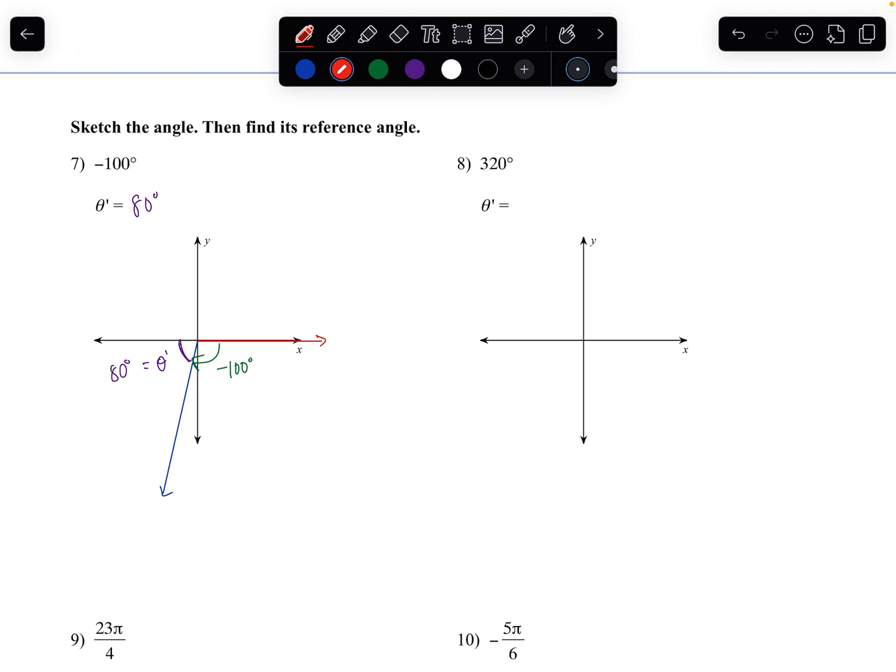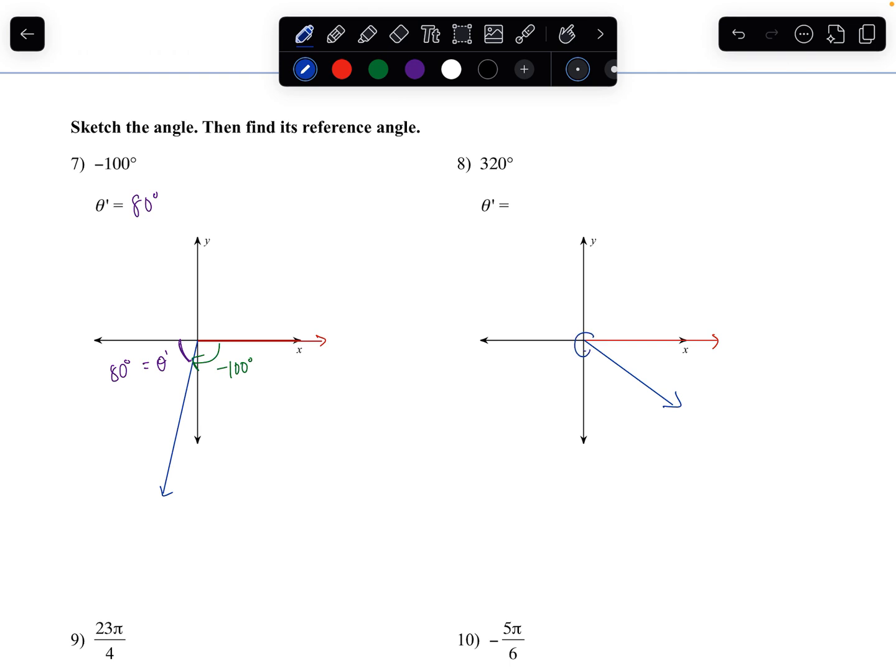320, so we have our initial side right here, and then we're going to draw our terminal side, which is going to rotate counterclockwise. A full rotation would be 360 degrees. To draw 320, I would have to be 40 degrees less, and now that's very helpful because now I know what my reference angle is.